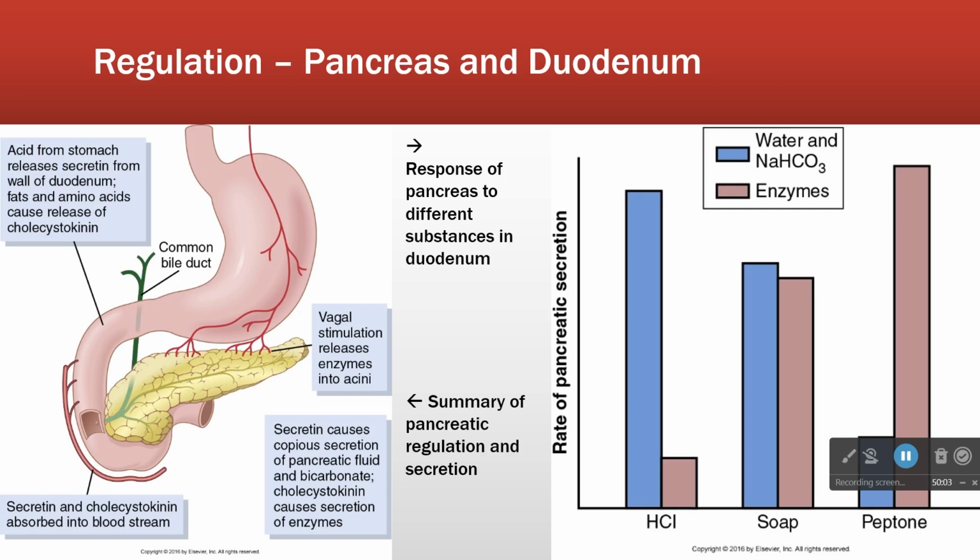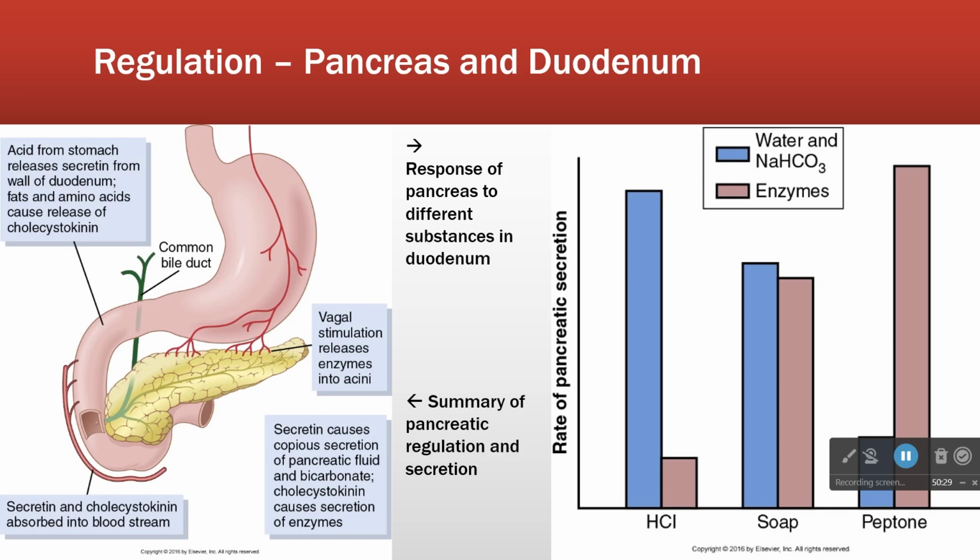If we take peptones, which are protein digestion products, and put those in the duodenum, we get a lot of enzymes and a lot less water and salt. The middle one is a combination of both, where we have high acid, but we also have protein digestion and some fat digestion too.